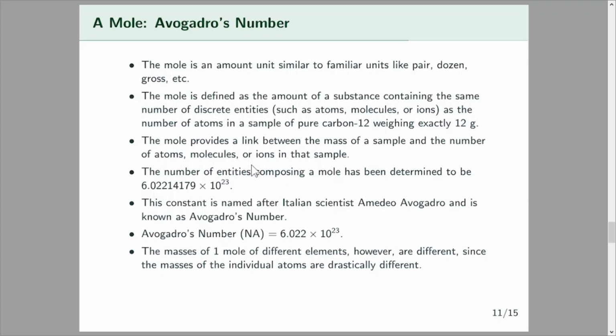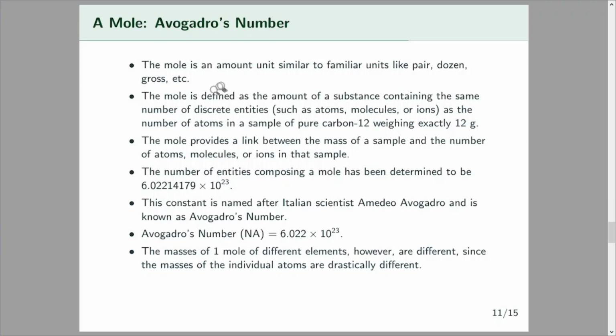Let's talk about the mole. The mole is an amount unit, similar to familiar units of amounts like a pair or a dozen or a gross, etc. A score, 7 years ago.